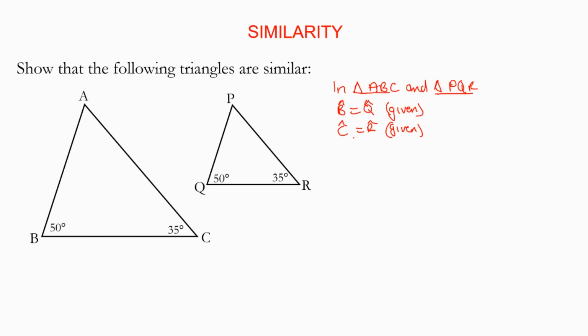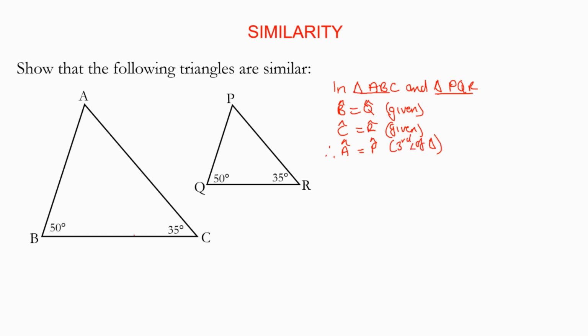And then once two corresponding angles are equal, then the third pair is also equal. So it means therefore angle A is equal to angle P, since it's the third angle of the triangle.